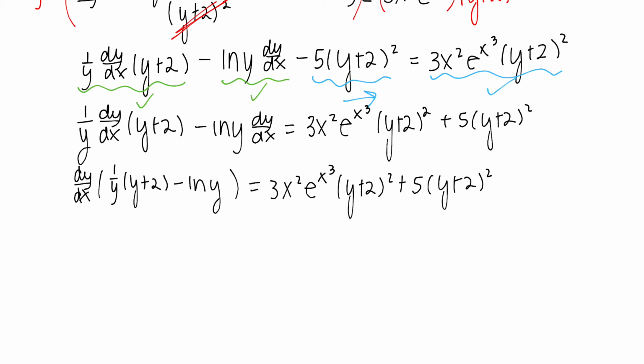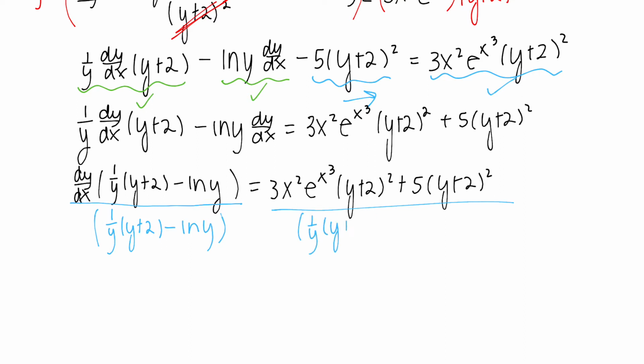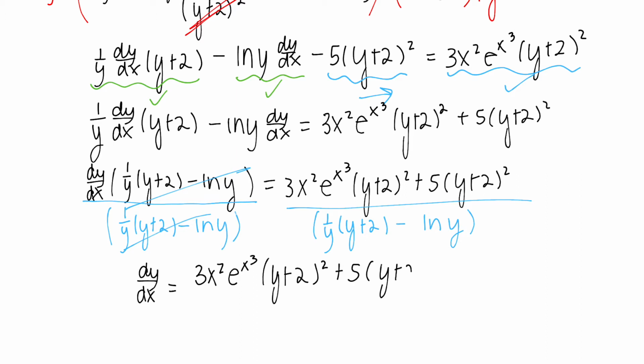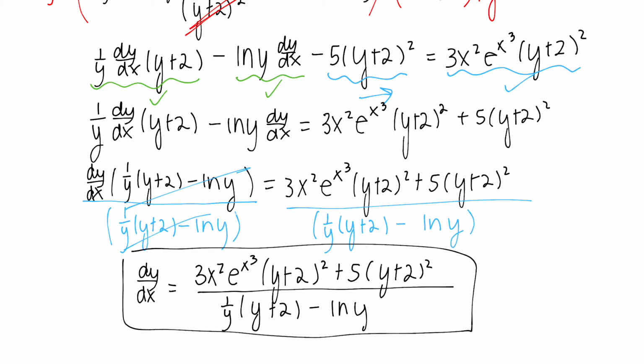Now dividing both sides by this 1 over y times y plus 2 minus ln y, and that will cancel, giving us dy/dx equal to 3x squared e to the x cubed times y plus 2 quantity squared plus 5 times y plus 2 quantity squared, all over 1 over y times y plus 2 minus ln y. I don't really need parentheses. And that is your final answer there.